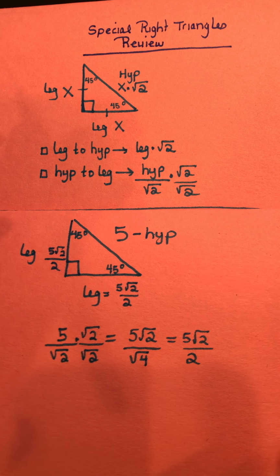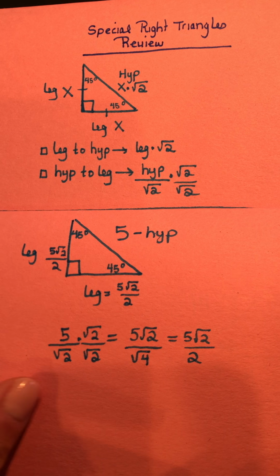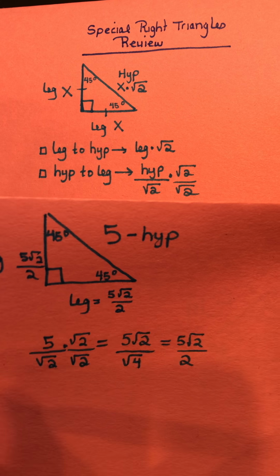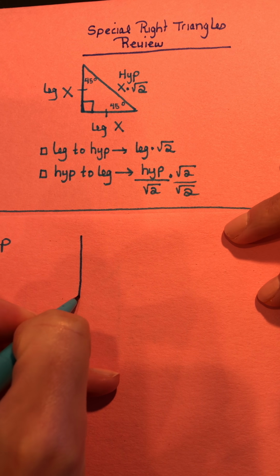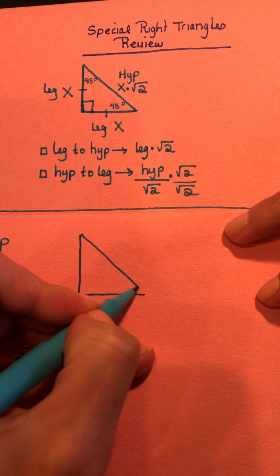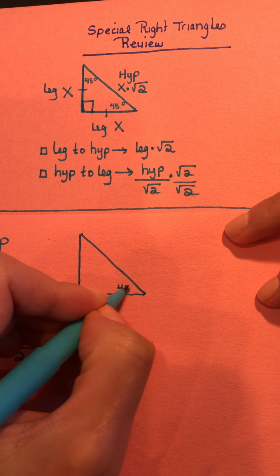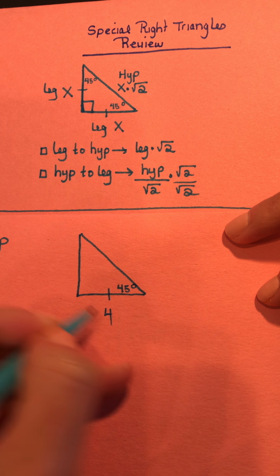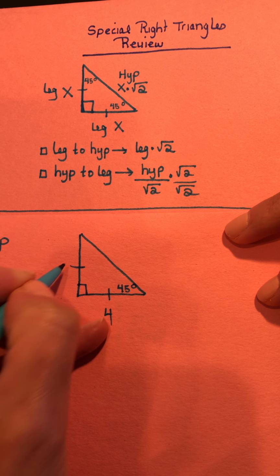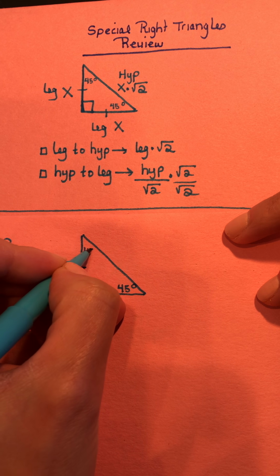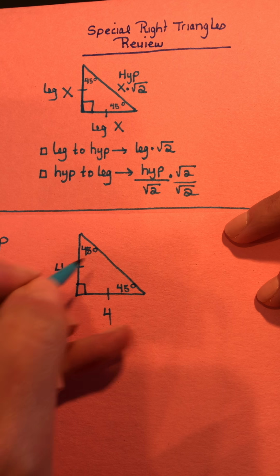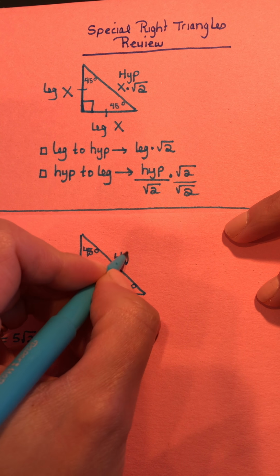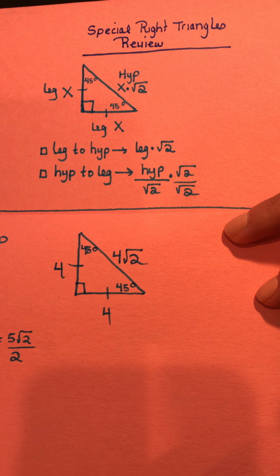I'll do another quick example if I wanted to, or let's say I knew the leg, right? So let's say that I had this situation where I was given that one of the legs was 4, and I was asked to find everything else. I would know this is 4, and this is going to be 4 times the square root of 2.